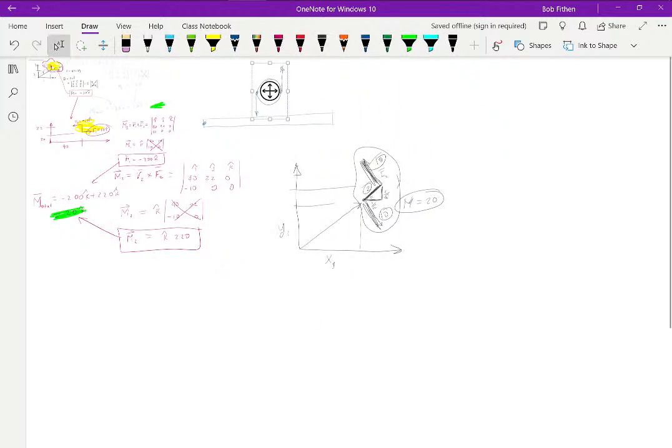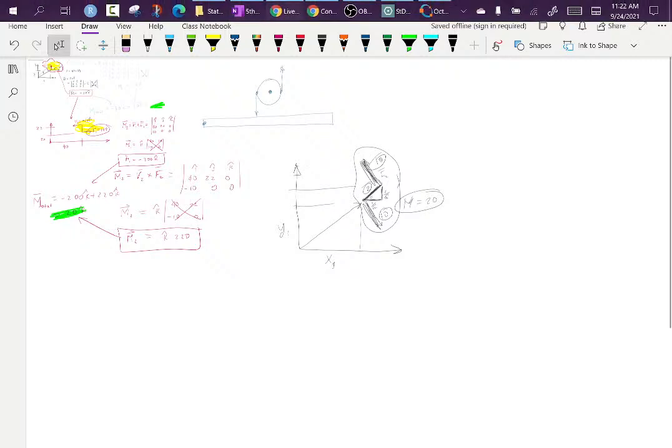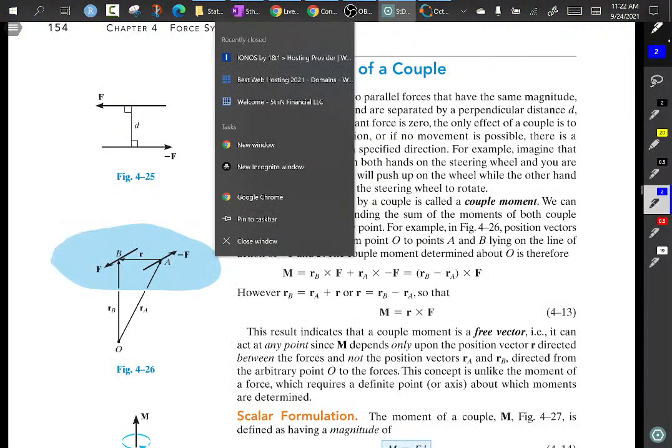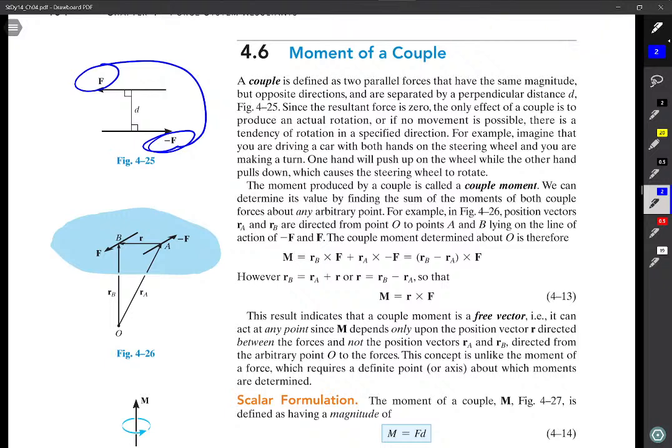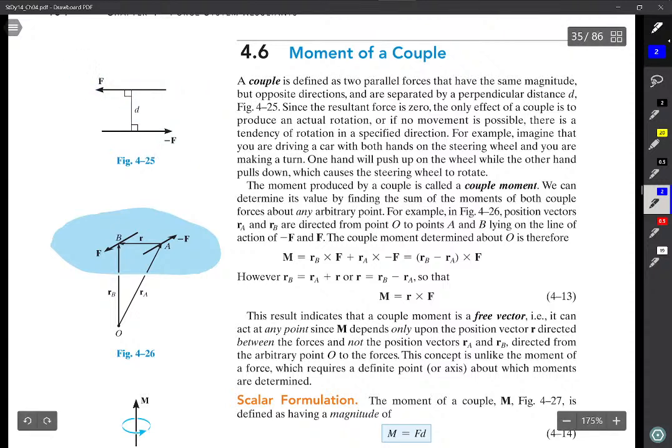So a couple is a special version of a moment, and as long as these forces are exactly perpendicular across here and exactly the same, then the moment produced here is F times D. We will see later that this will be redrawn as a simple moment put there.